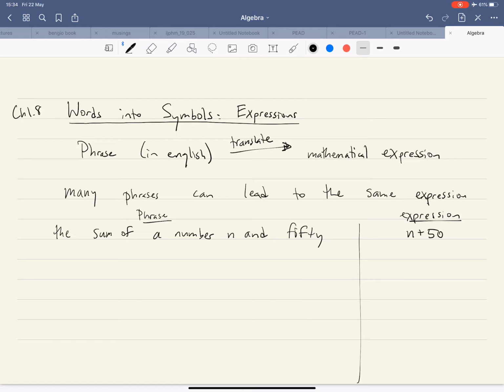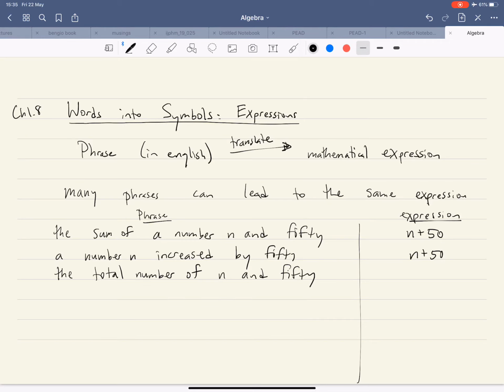Now I could have had the phrase, a number n increased by 50. That's again n plus 50, right? I'm increasing n by 50. I could have also had the phrase, the total of a number n and 50.